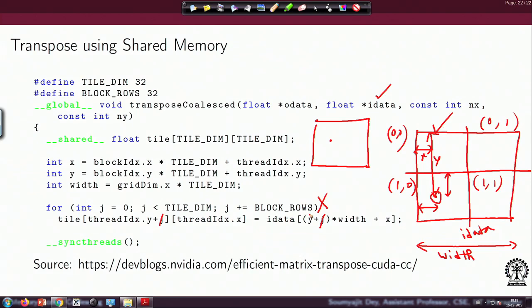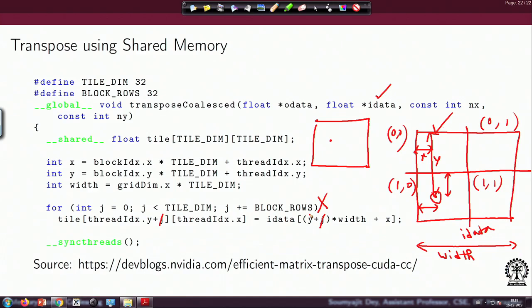Now let's come back to what essentially is going on here in terms of the loads by the threads, right. So every thread is going to execute the same code here. It will compute exactly which location in the tile it is going to work with, right.